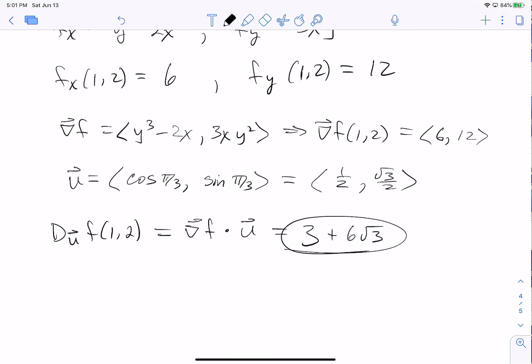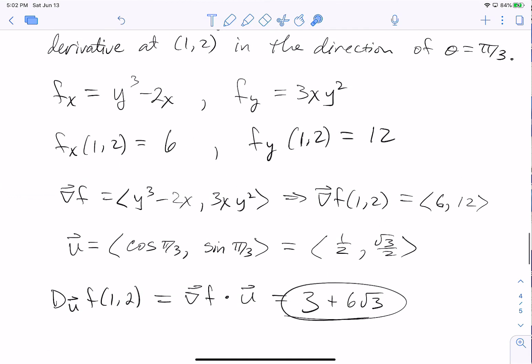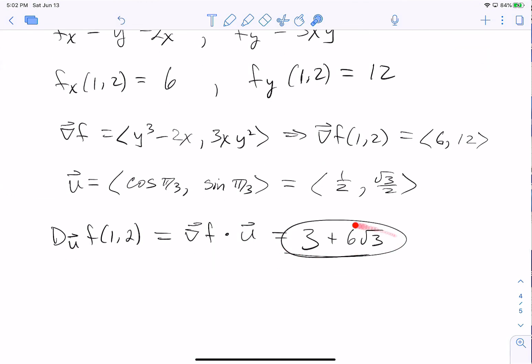It's a number. It's a derivative. It's the slope of the tangent line if you're standing on the surface at the point (1, 2) and looking in the direction of u, which is theta equals pi over 3 with respect to the positive x-axis. But it's a slope is the bottom line.